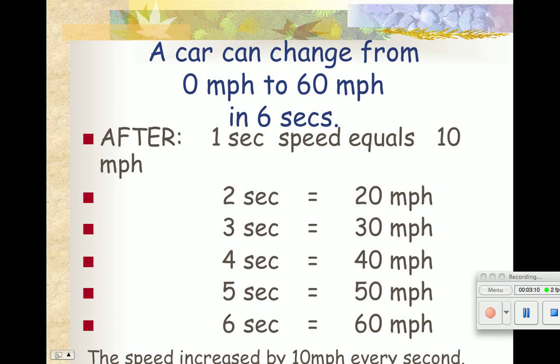Unfortunately for her, I'm driving a Viper, which can go from 0 to 60 in 3 seconds. So after the light turns green and after 1 second, I'm going 20 miles per hour. After 2 seconds, I'm going 40 miles per hour. And then after 3 seconds, I'm going 60 miles per hour. So my acceleration rate is 20 miles per hour per second.